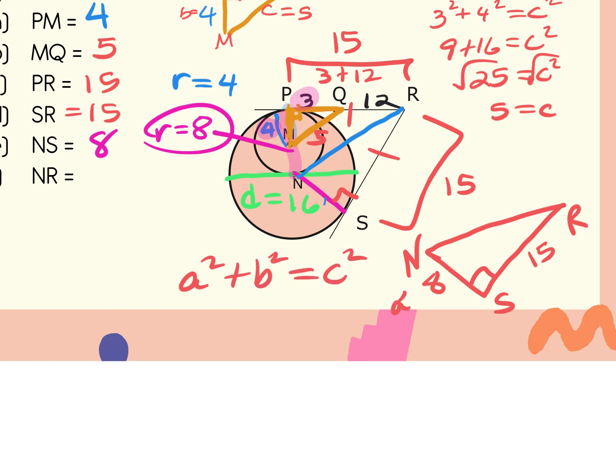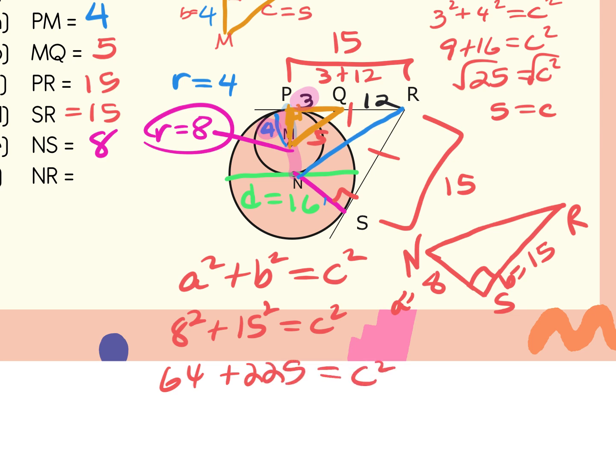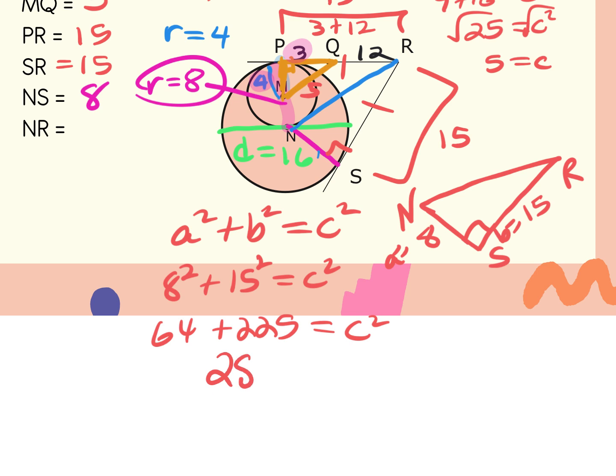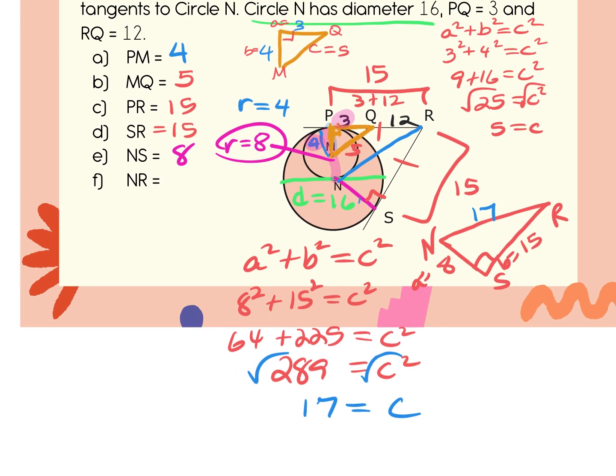The 8 could be a, the 15 could be b. So 8 squared plus 15 squared equals c squared. 64 plus 225 equals c squared. Add it, I get 289. Square root it, and I get 17. So NR, the last question, is 17.